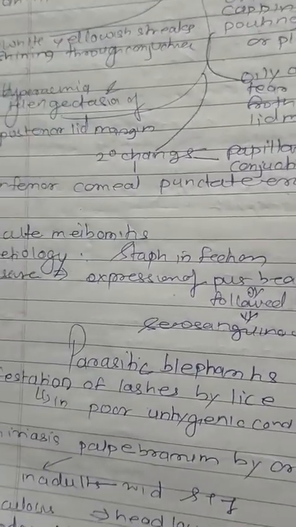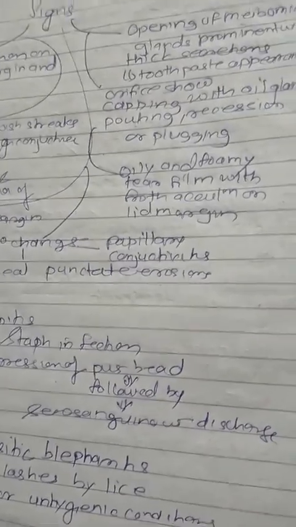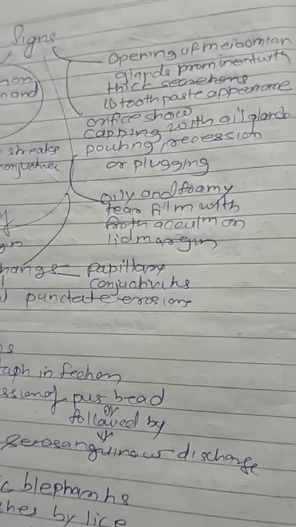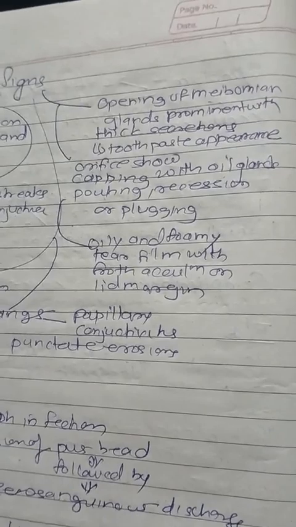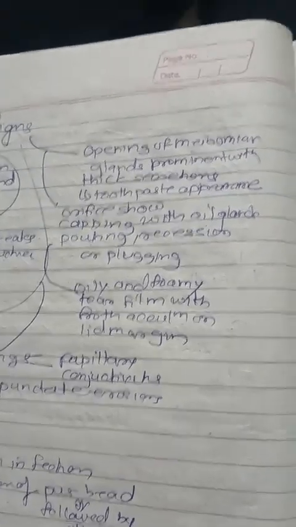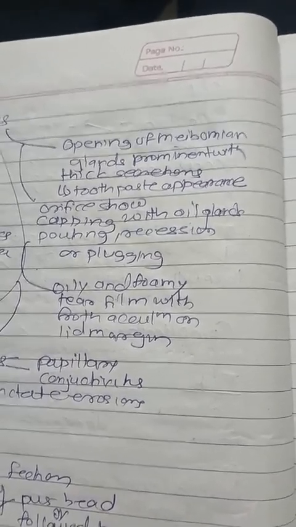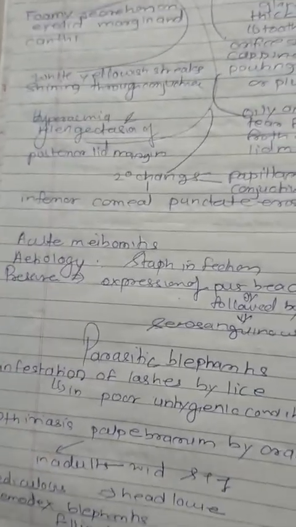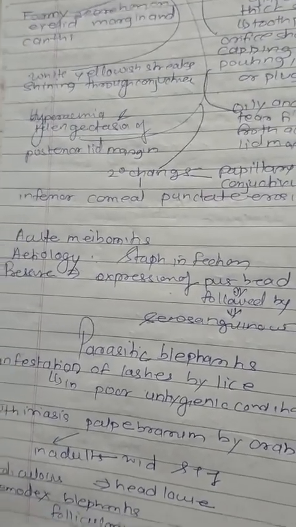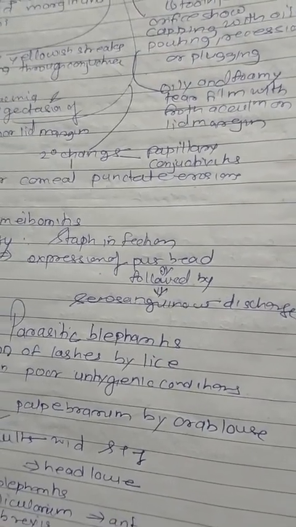Secondary changes: inferior corneal punctate erosions and papillary conjunctivitis, oily and foamy tear film with froth accumulation at the lid margin, orifice showing capping with oil, gland pouting and recession or plugging, then opening of the meibomian gland prominent with thickened secretions, that is toothpaste appearance. So this is a sign of posterior blepharitis, chronic meibomitis. Now talking about acute meibomitis, the etiology is staphylococcus infection, pressure expression of perspirate followed by serosanguinous discharge.